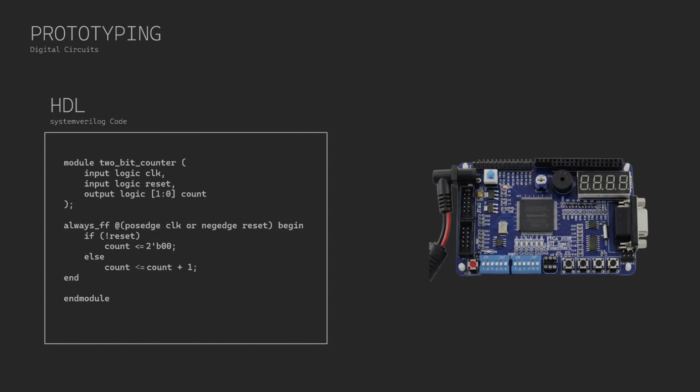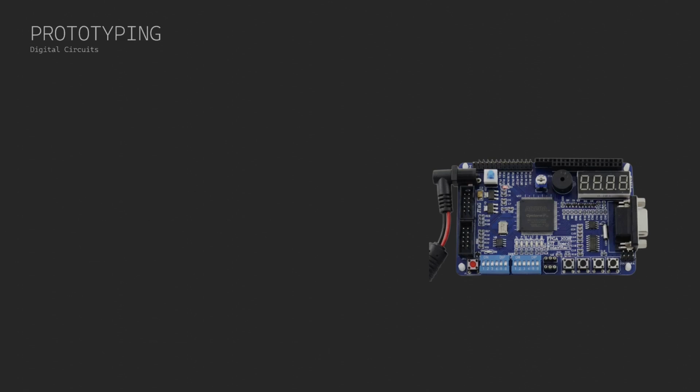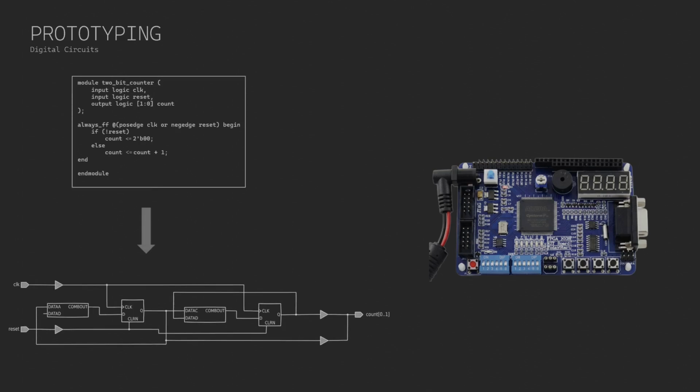To get our design onto the FPGA chip, we follow a specific workflow: synthesis, PNR, and program file generation. In synthesis, with the help of tools provided by FPGA vendors, we convert our HDL code into a digital circuit using the specific logic resources available inside the given FPGA.